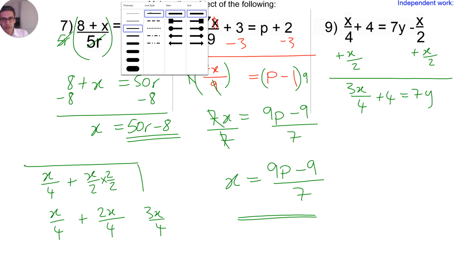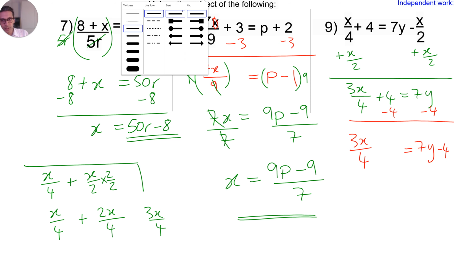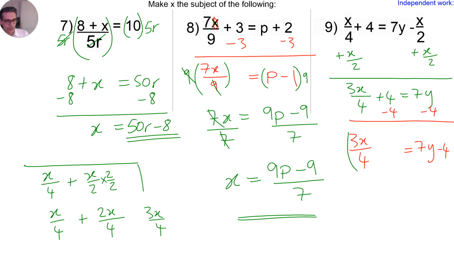Now we are going to take away 4 from both sides. So that becomes 3x over 4 equals 7y minus 4. Now we're going to need to multiply both sides by 4.